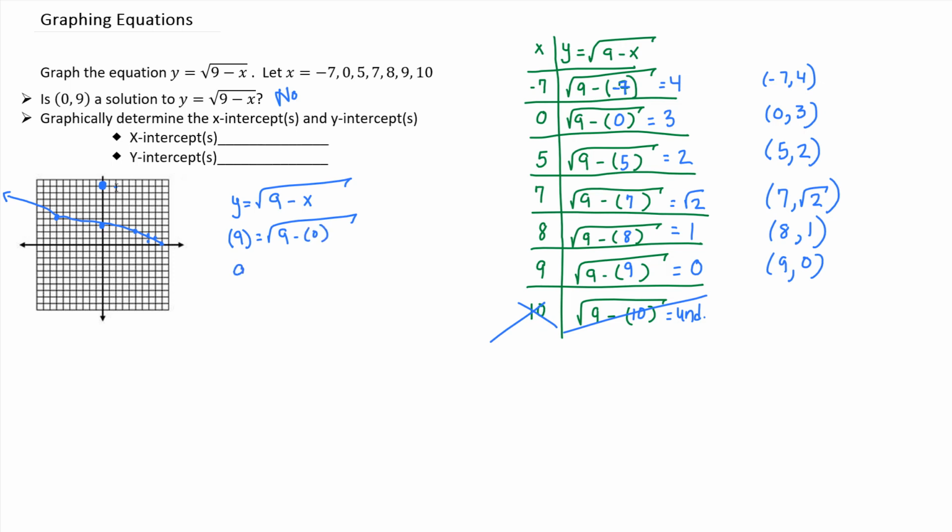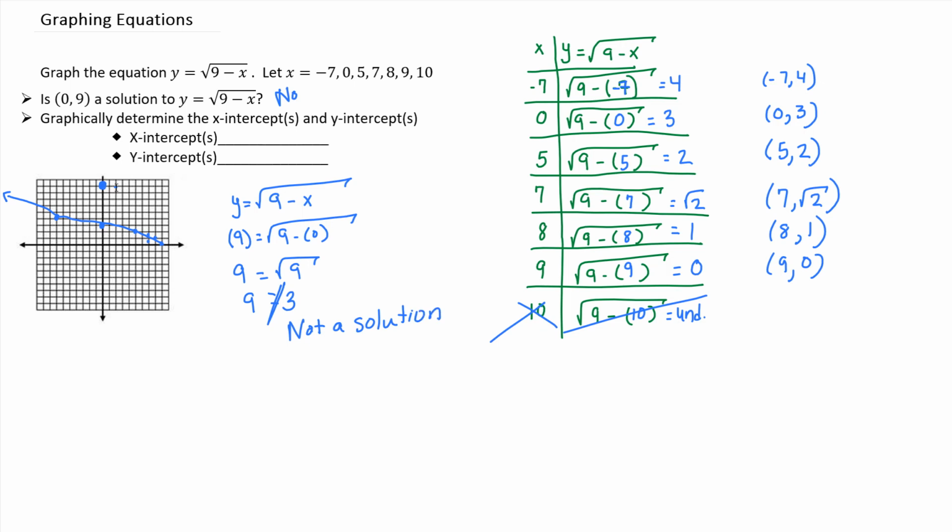Left hand side I get 9. The right hand side, 9 minus 0 is 9, but you're taking the square root of that 9, which is 3. So does 9 equal 3? The answer is no, those aren't equivalent. So that means that 0, 9 is not a solution to our equation.